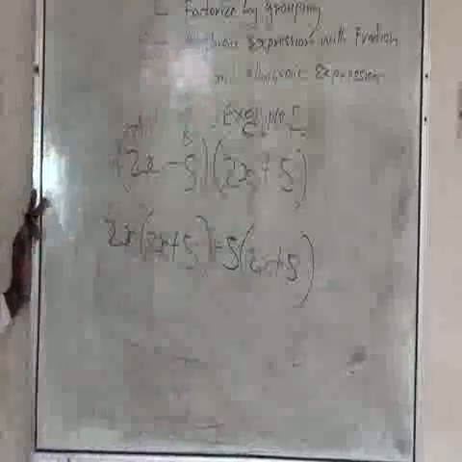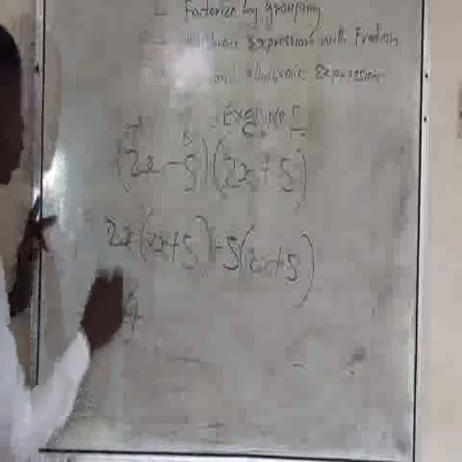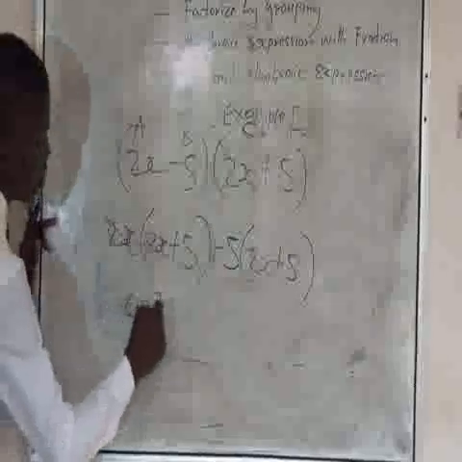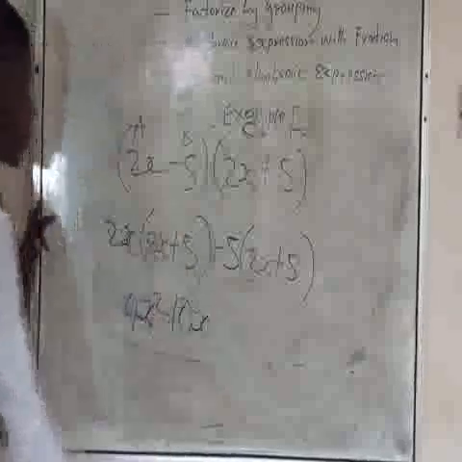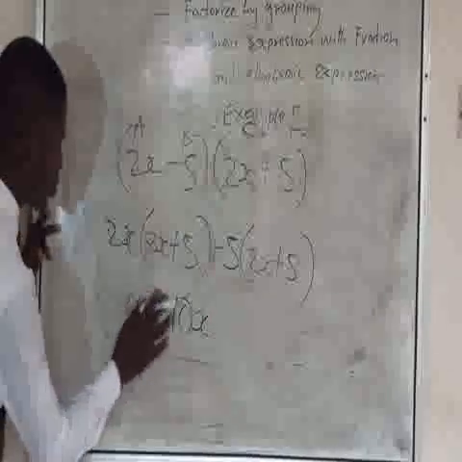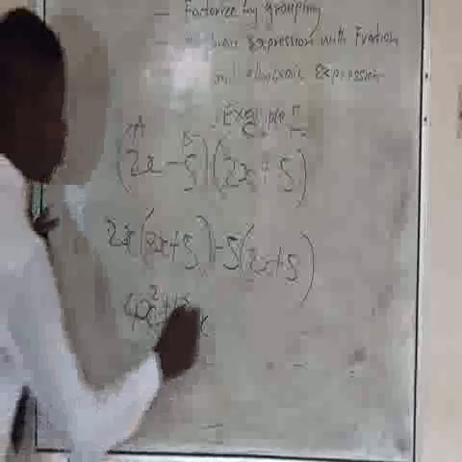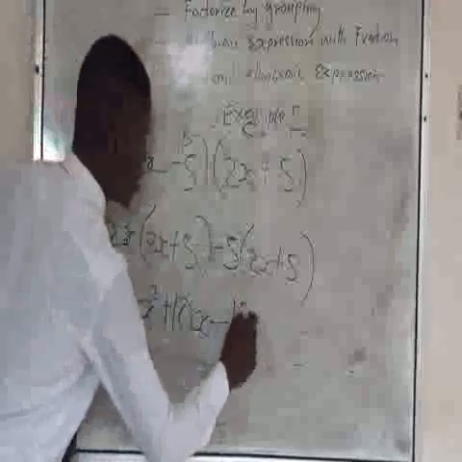2 times 2 is 4, x times x is x squared. 2 times 5 is 10x. Put here plus. Minus 5 times 2x is 10x.